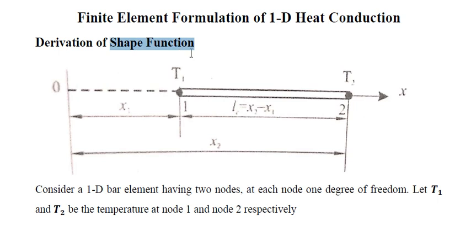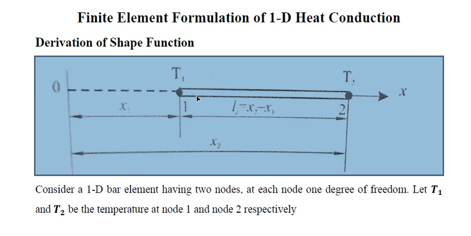What is a shape function? As I have already discussed with you, a shape function is an interpolation function to find the global variables when nodal variables are known. In heat transfer problems, the variable is temperature.